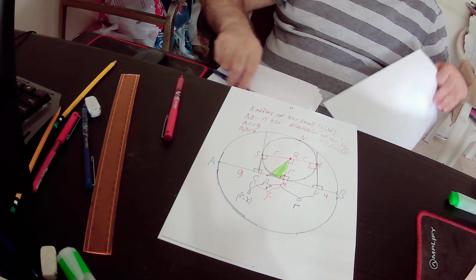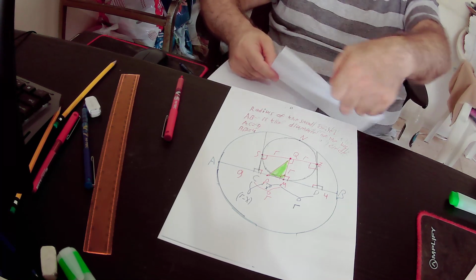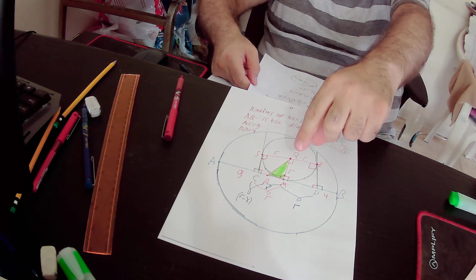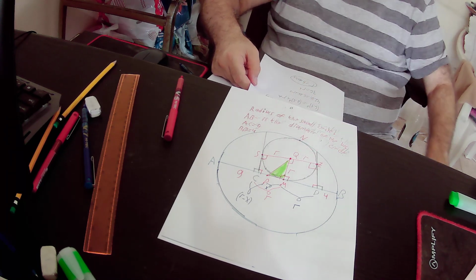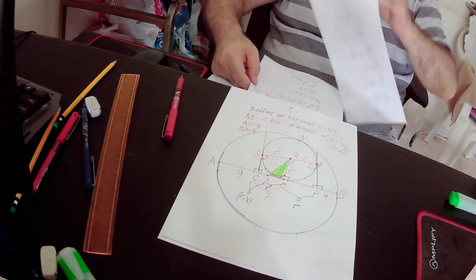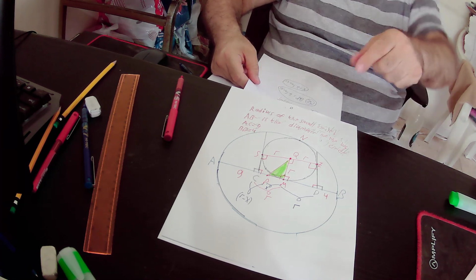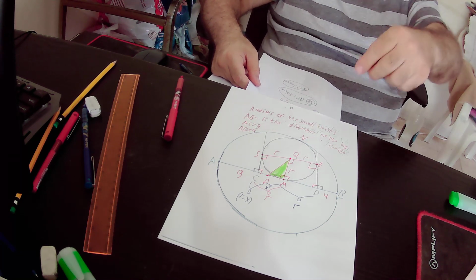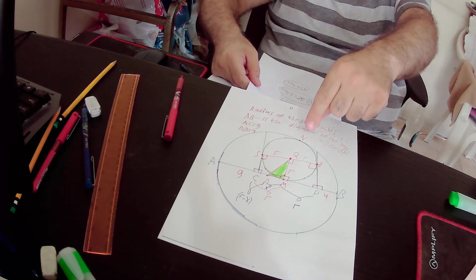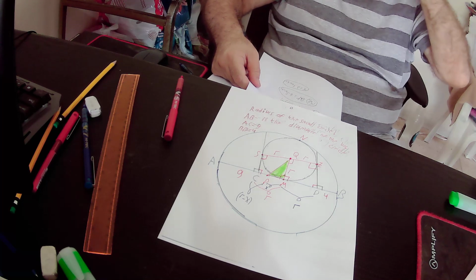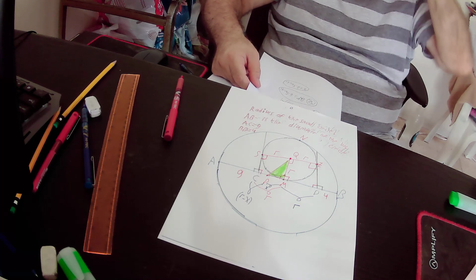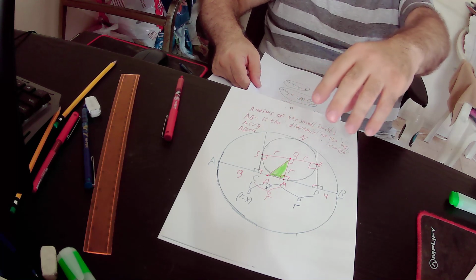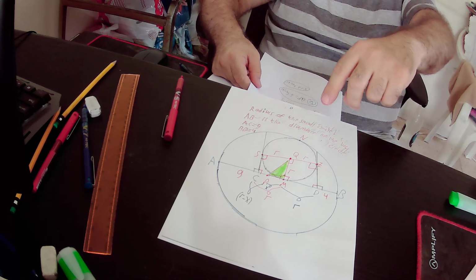Okay, so now I will summarize the lecture. Actually, we wanted to find out the radius of this small circle. We know that the two circles touch each other internally at point N, and we know that this small circle has 3 tangents.